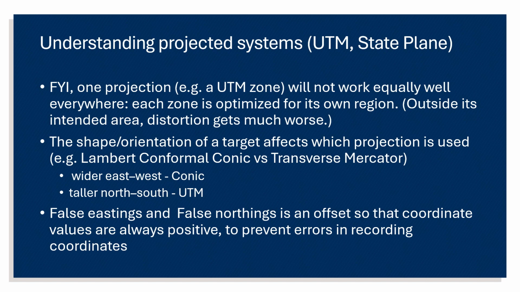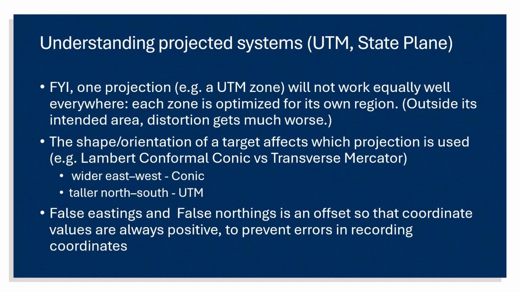Another thing that causes issues is false easting and false northing, and students just have to remember that the only thing that's going on there is a collective lump sum value added into the coordinate system so that you don't end up with negative numbers ever, because when you're recording data manually or transcribing it or doing something like that, it is so easy to forget to put a negative sign, a minus sign, somewhere.